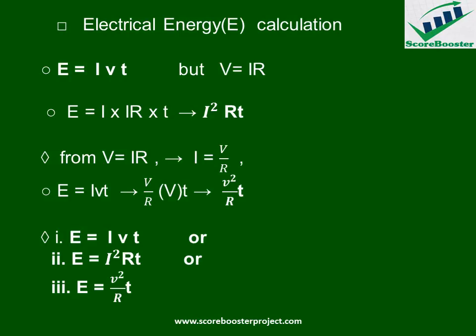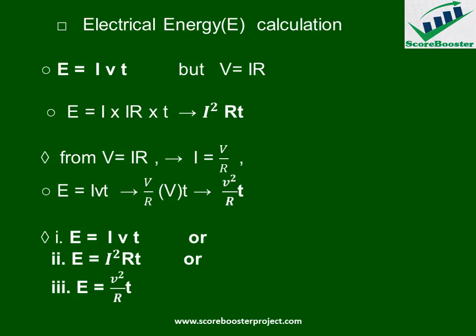So we have E equals I square RT, which is a derivative from the first formula, which says E equals I phi t. So E in this case is the energy in joule, I is current in ampere, R is resistance in ohm, t is time in seconds, while phi is potential difference in volts.